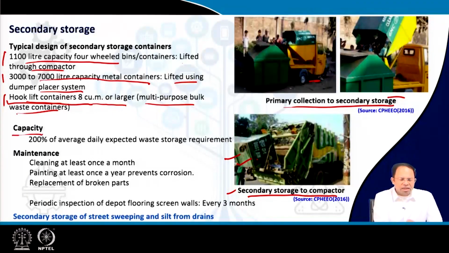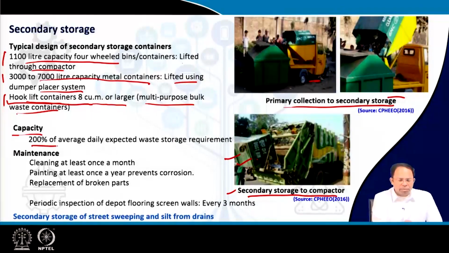So in case of secondary storage, earlier we were talking about 100% spare capacity because it was a residential area or a bulk generator, so it's fine. But in case of secondary storage, where waste from many areas comes, the chance of a larger amount of waste being stored is higher, right? In case of some area, waste is not collected, so we need to have more excess capacity.